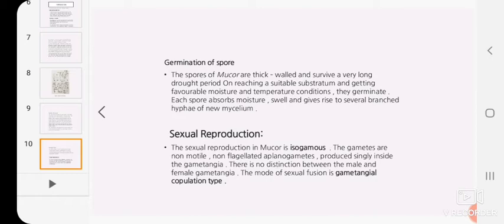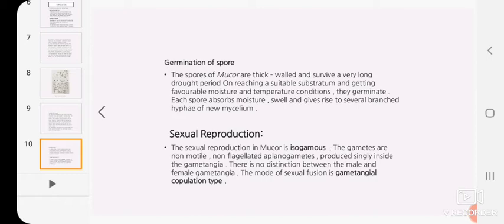Now, what happens if the gametangia belong to the same mycelium? Then that means the fusing gametangia belong to the same mycelium. We say that these are homothallic species. And if the gametangia which are going to fuse belong to different mycelia, we call it heterothallic species.